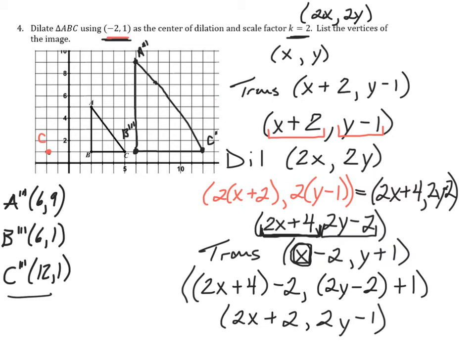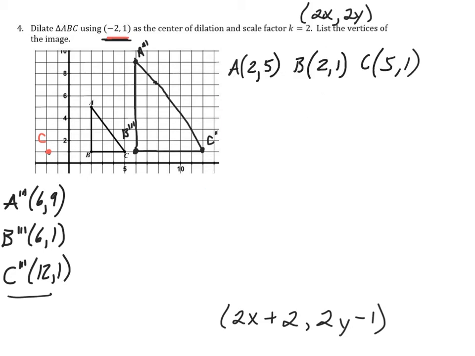So let's clean this up and see if I can apply this one specific rule to my original points. What I can do now is take my original x and y and plug them into this rule that I have down here.